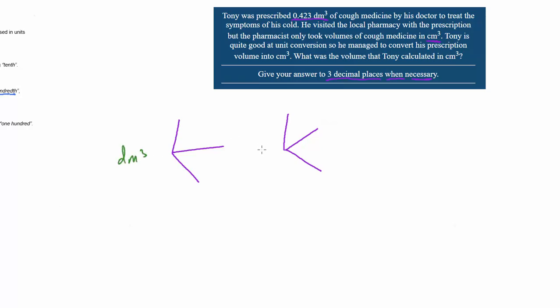This one's going to be in relation to our cm³. I'm just drawing this for the purpose of supporting an intuitive grasp of what we need to do here. Now, when we're looking at dm³, this is effectively 1/10, 1/10, and 1/10 in 3 dimensions.